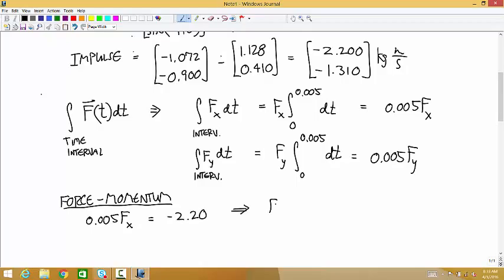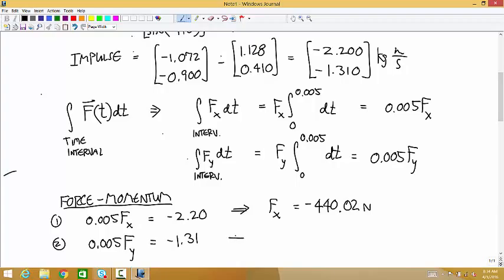And so what do you get for fx? Negative 440.02. And that's newtons. And the second equation says 0.005 fy is equal to negative 1.31.